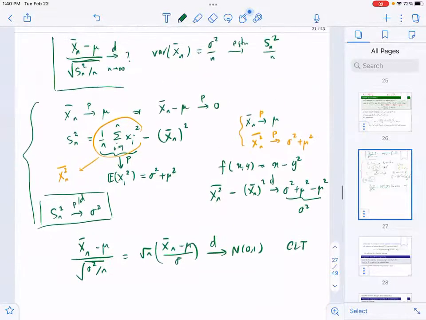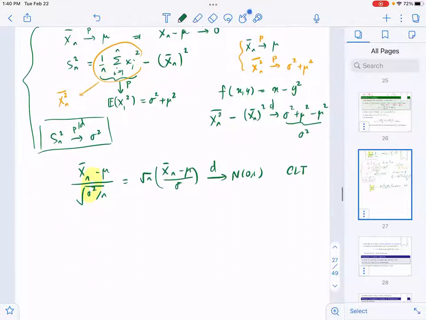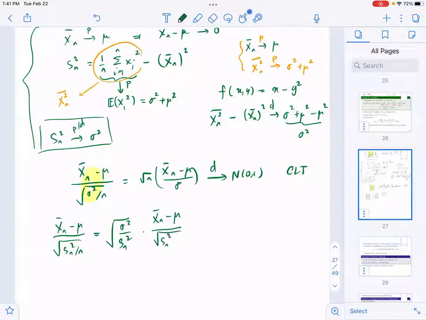Now can I combine? If you look at this and this, the only difference is what? It is replacing sigma squared with Sn squared. So what I can do is write x bar n minus mu divided by root Sn squared divided by n as root sigma squared divided by Sn squared, times root n times x bar n minus mu divided by sigma.